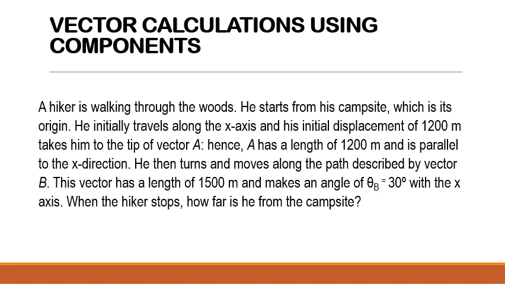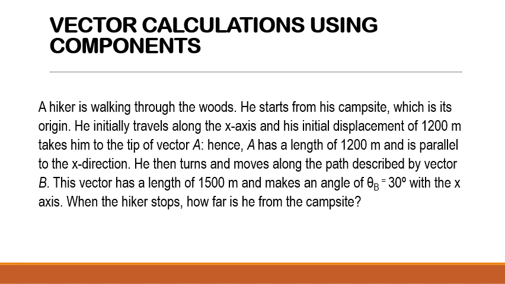He then turns and moves along the path described by vector B. This vector has a length of 1,500 meters and makes an angle theta B equal to 30 degrees with the x-axis. When the hiker stops, how far is he from the campsite?